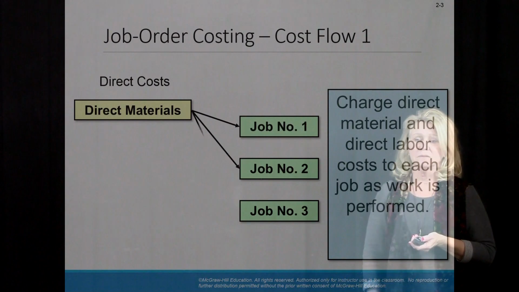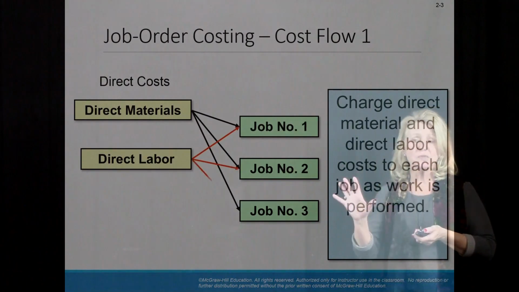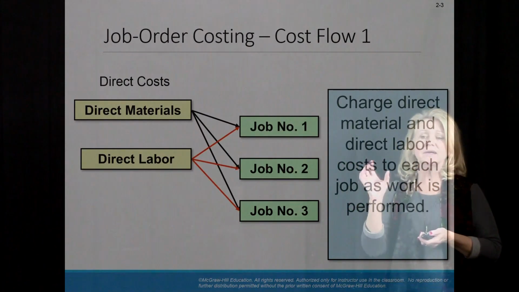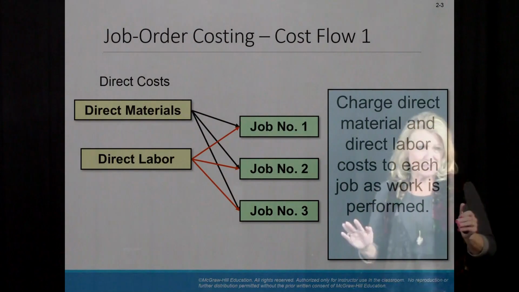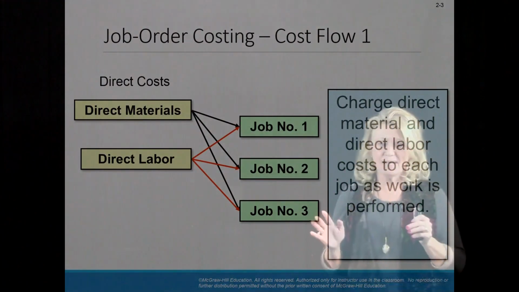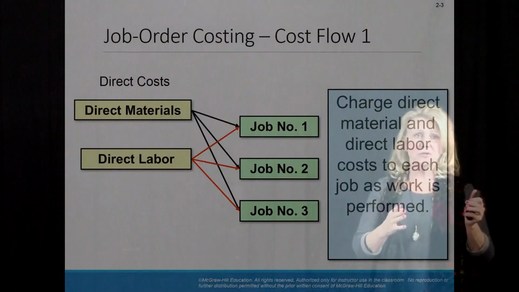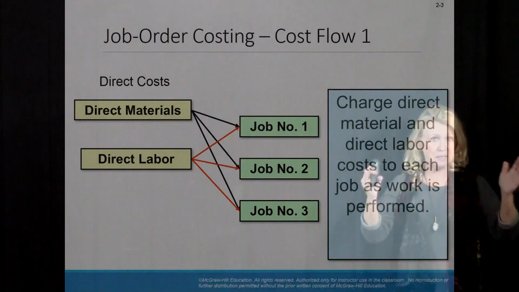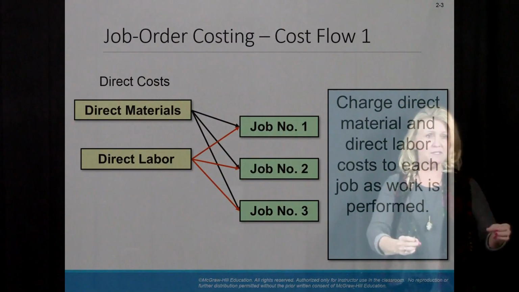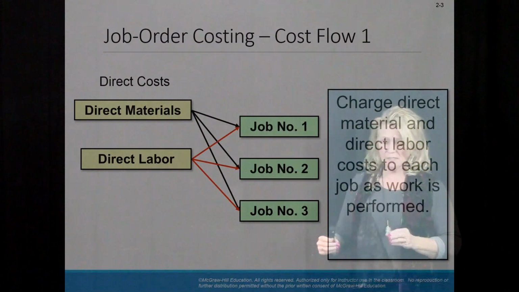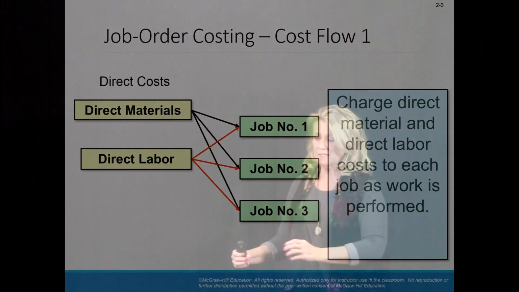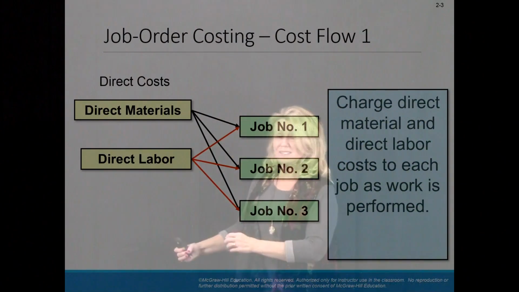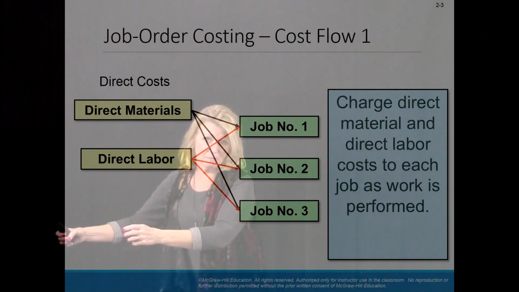All right. We've already talked about direct material and direct labor. That's the easy part. We buy this material. We buy bicycle tires. This tire goes to this bike, this tire goes to this tricycle, this tire goes to a stride bike, and this tire goes to a really expensive bike.